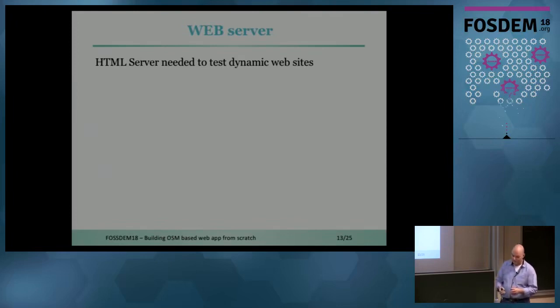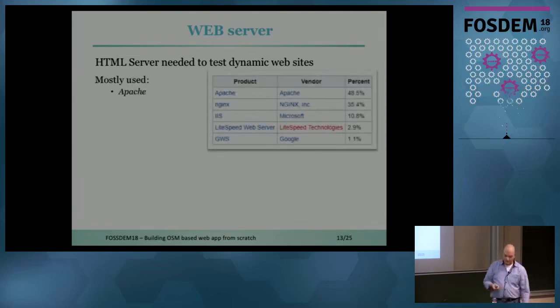Next point. What you need when you have an HTML application and you want to read some data and test it is a web server. You can use your own machine with Apache, for instance. It's the most widely used system, or you can use Nginx, or Microsoft IIS, I think it's more in the business area.